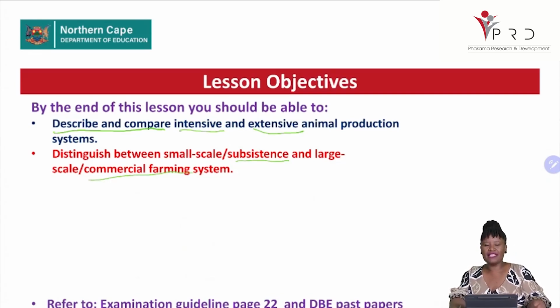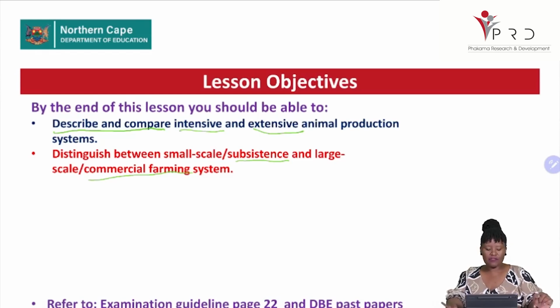What are we bringing in now? You need to know we deal with two systems. We have the production systems, and at the same time we have the farming systems. You must know when the question is addressing the production systems and when it is addressing the farming system. It may happen that a picture was used in another year when it was asking about production system. The same picture or diagram can be used, but now asking about the farming system. You must look at the pictures given, read your question and understand what is required by the question.